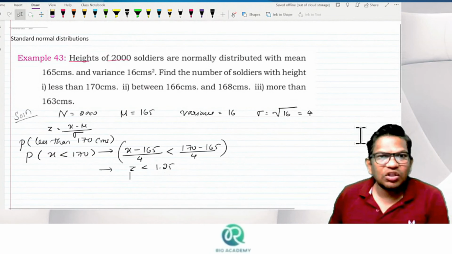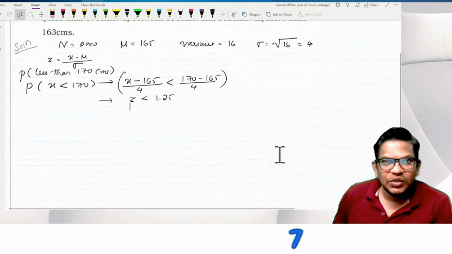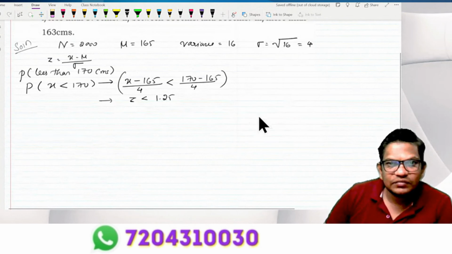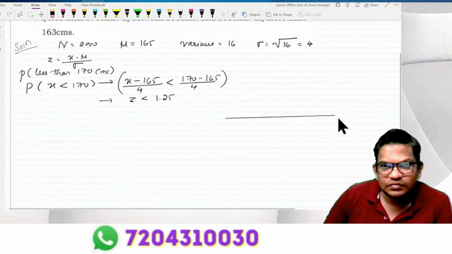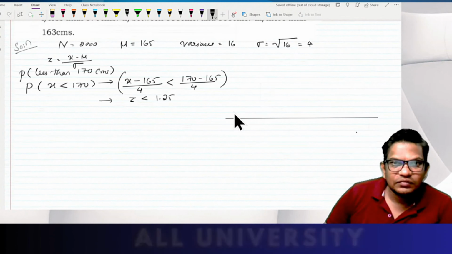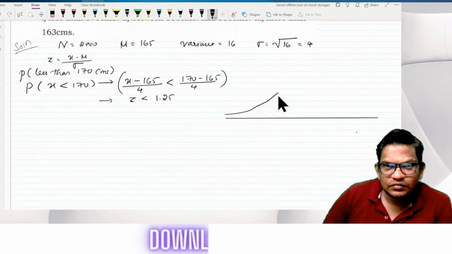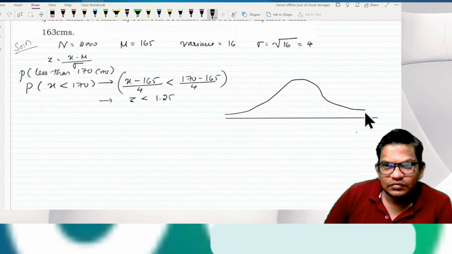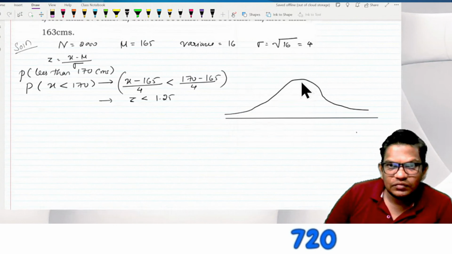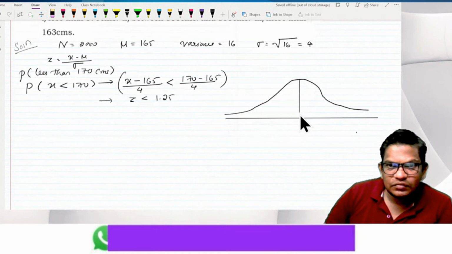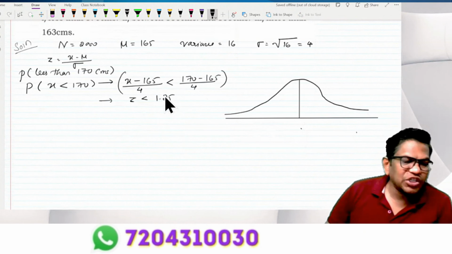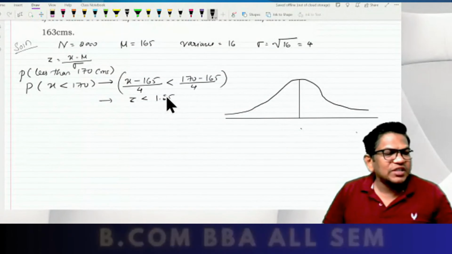So just draw the bell curve. Draw the bell curve. So this is positive, right? Now 1.25 is positive.